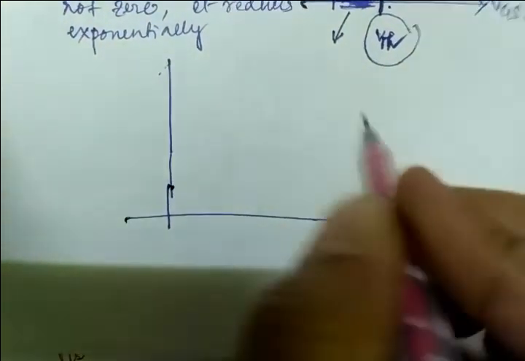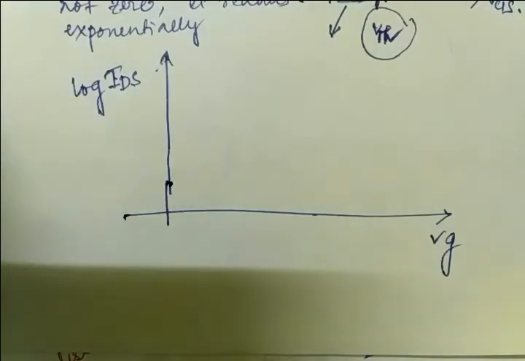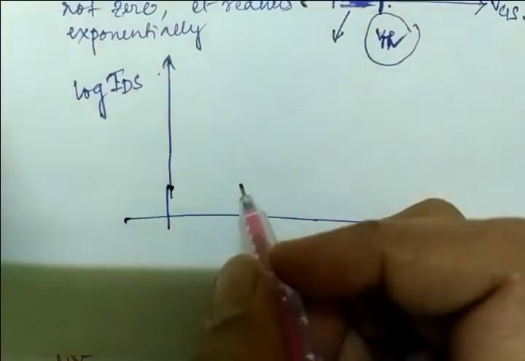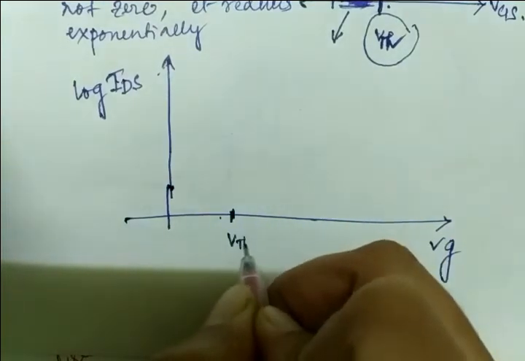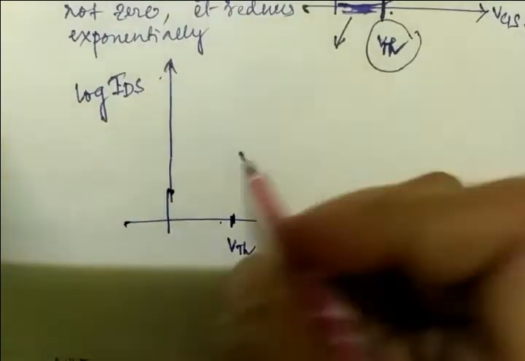I am again just drawing this graph. This is your VG and this is your IDS, because we take the log curve, otherwise we can't see the slope of that. Pointing out, this is my VTH.